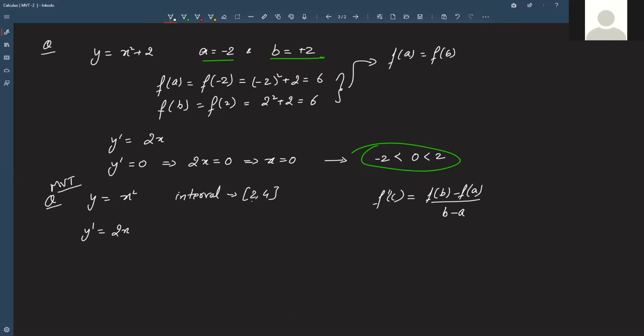Now let's see the interval. There we have to do f of b minus f of a, that is 4 square minus 2 square divided by 4 minus 2. So what will I get here? I'll get 16 minus 4 divided by 2, that is equal to 6.